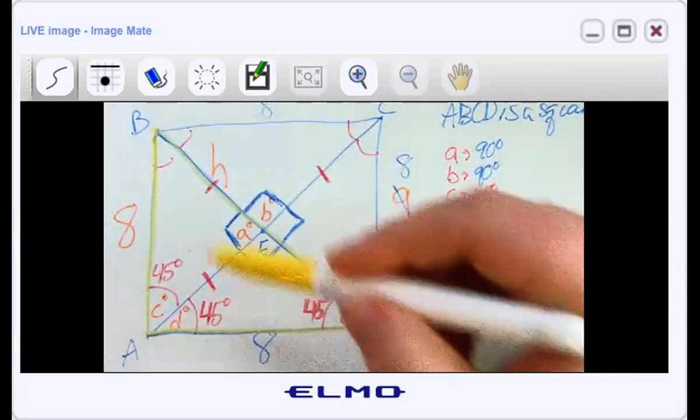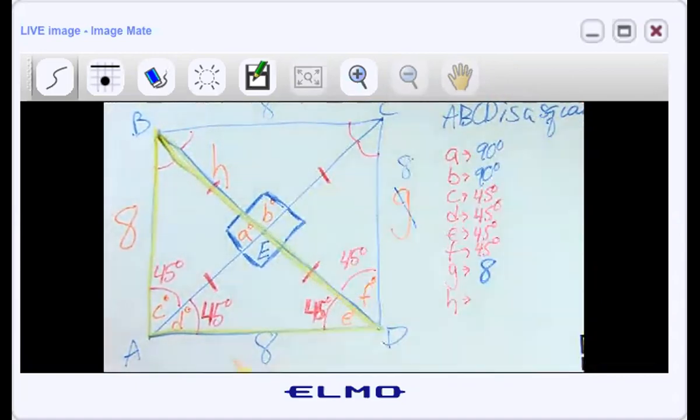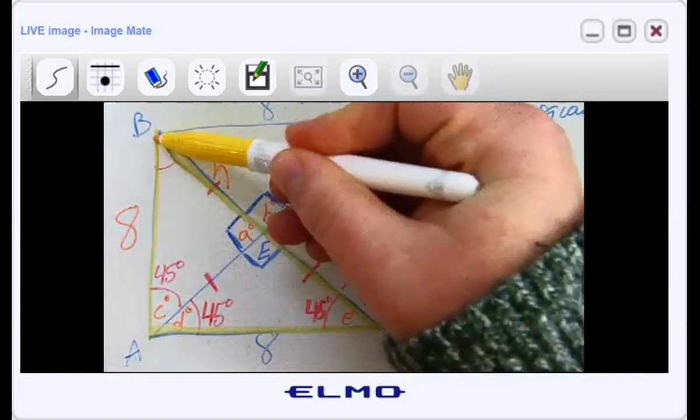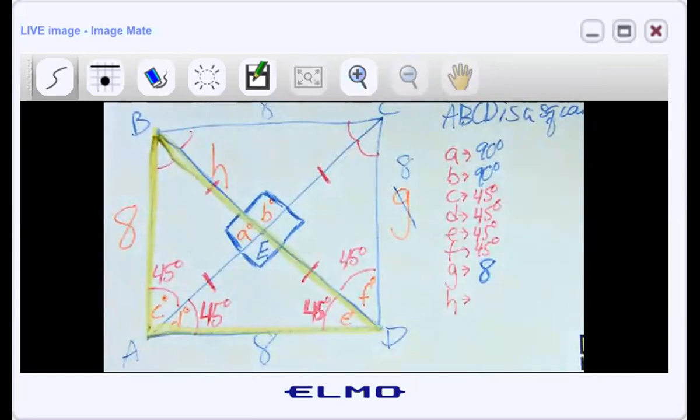I don't know if that helps. I'm trying to highlight this triangle. That's my last hint. It is a decimal. So I'll give you a second to think on it.